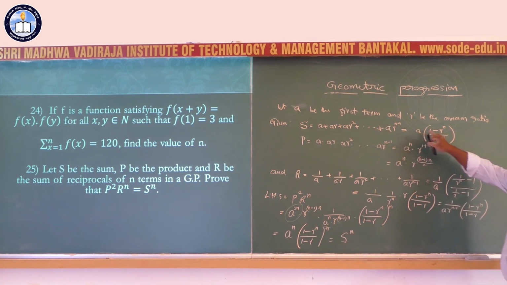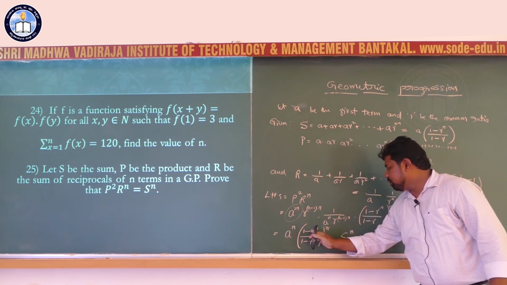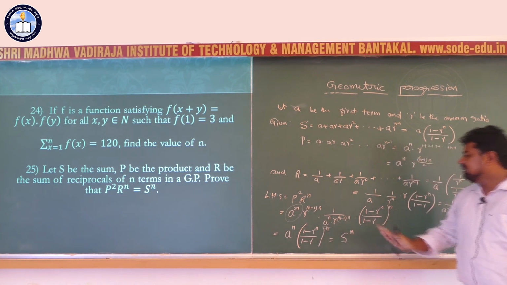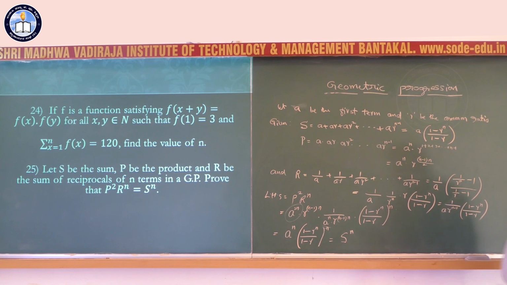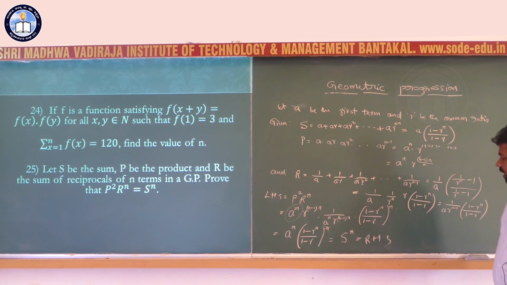Here S is a into 1 minus r power n divided by 1 minus r, so a power n into 1 minus r power n divided by 1 minus r whole to the power n is S power n. Therefore, that is our RHS. P squared into R power n equal to S power n.